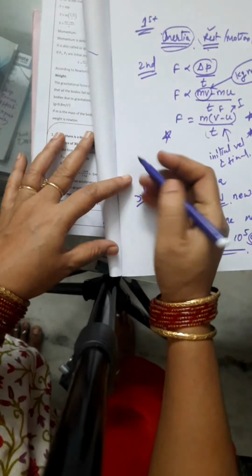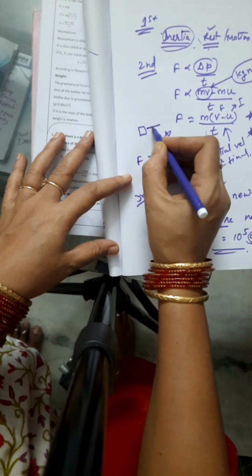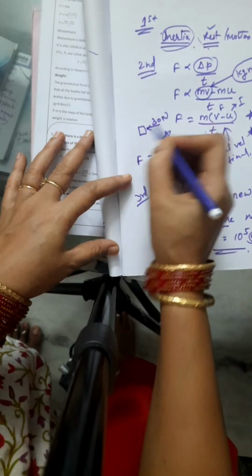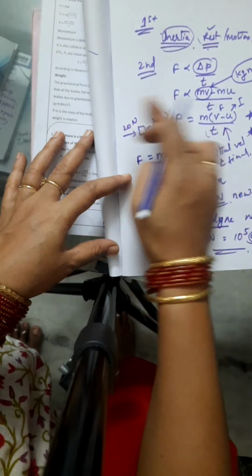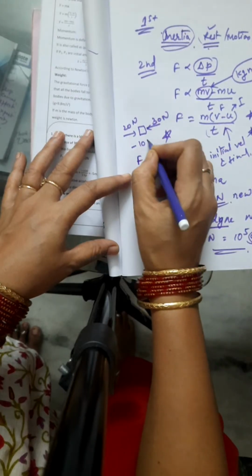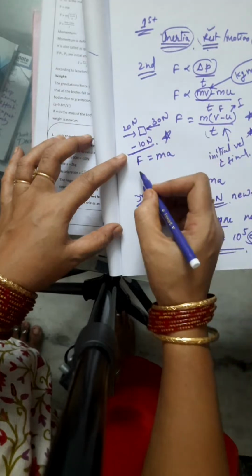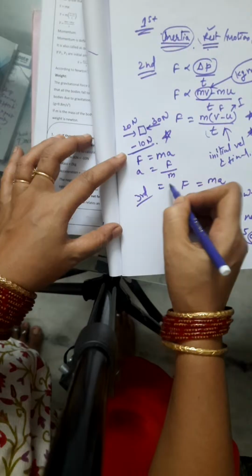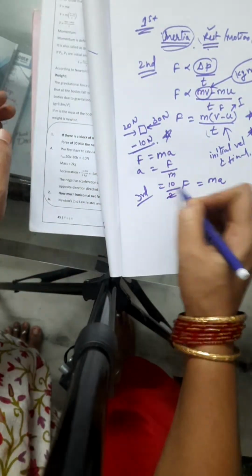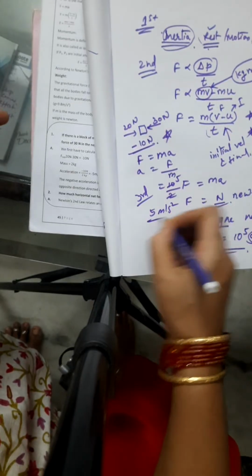Mass is given 2 kg. They are asking about acceleration. Force formula is F equals MA. So we need to find acceleration, which is force upon mass. Force is 10, mass is 2. So acceleration is 5 meter per second square.